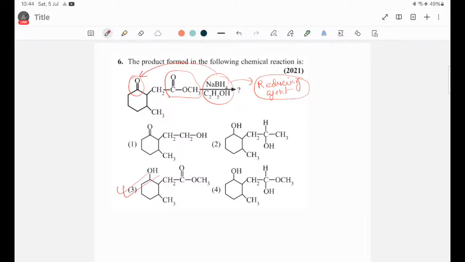Other carboxyl derivatives like the ester or acetic anhydride cannot be reduced in presence of NaBH4. So that's why in this question option 3 will be correct.